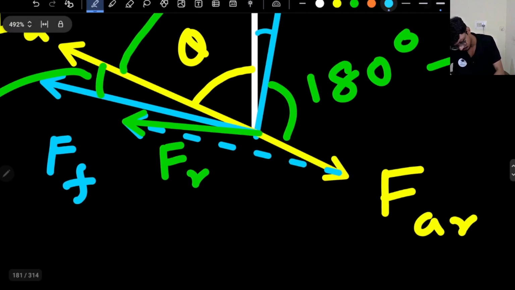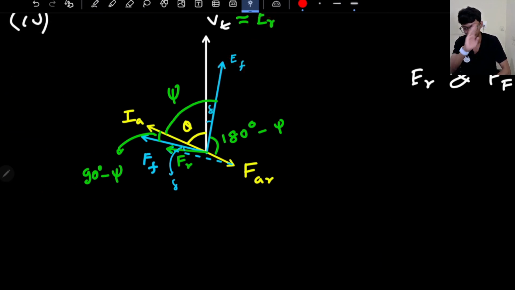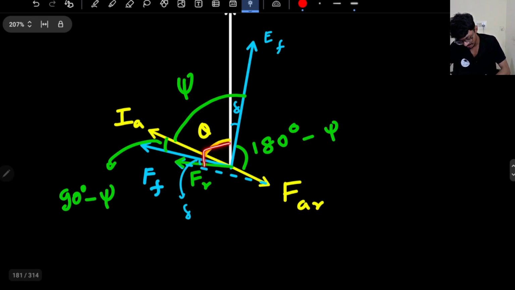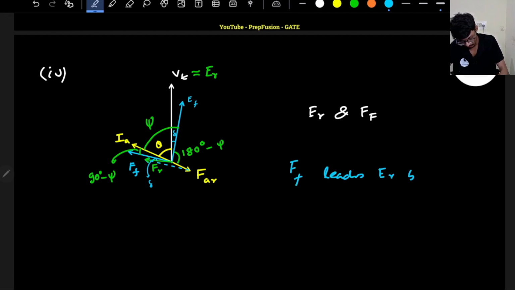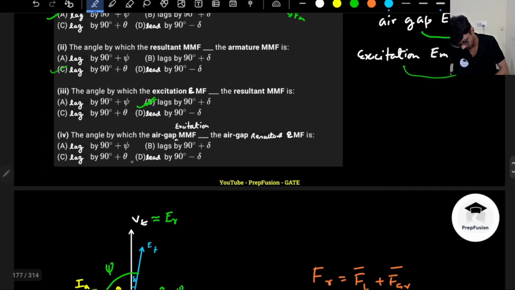The angle between Fr and Ff is delta, because the angle between Er and Ef is also delta. Both of them are just shifted by 90, so their angle also will be delta. This much angle is delta and this whole angle is 90. So how much will be this angle? 90 minus delta. So Ff leads Er by 90 minus delta, that is present in option D.